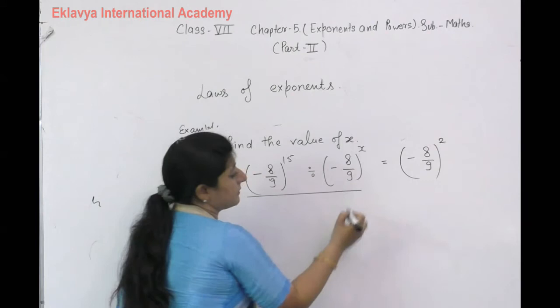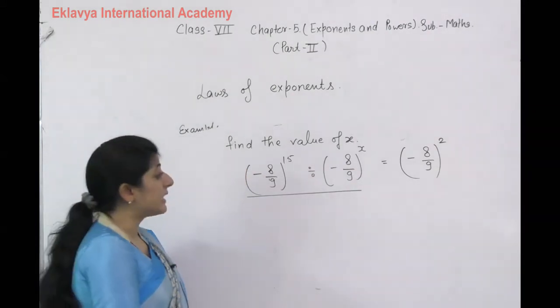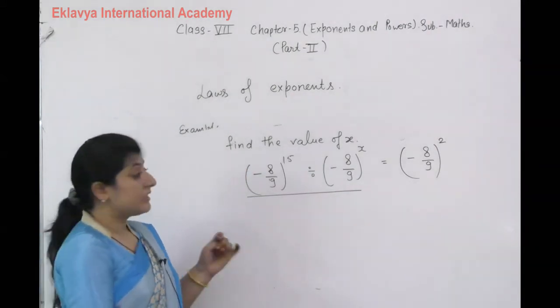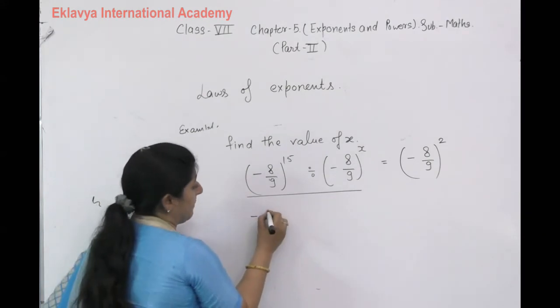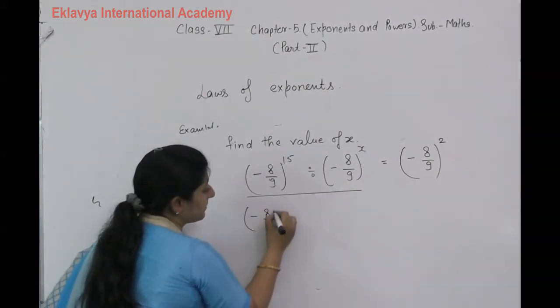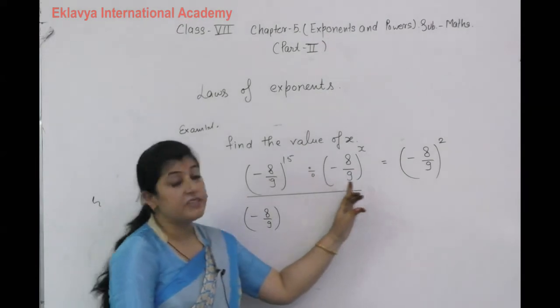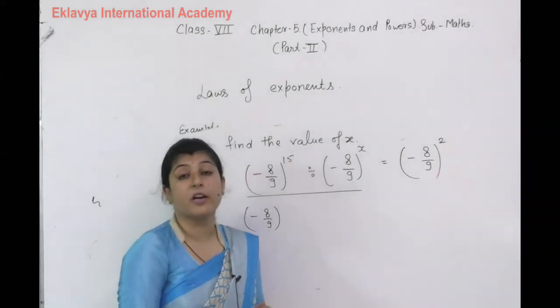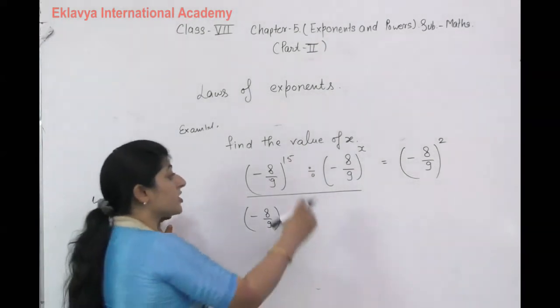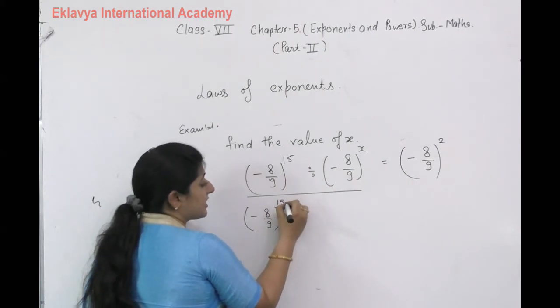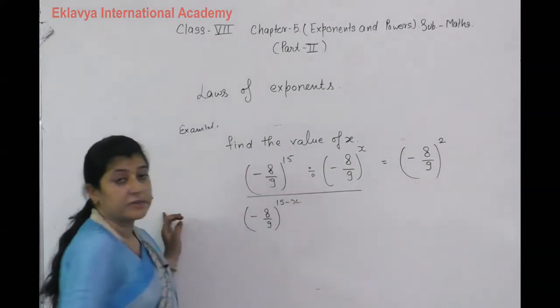Firstly, see this one. All the bases are the same but the powers are different. There are two methods. Minus 8 by 9 is in division, which means we have to find the quotient. In a quotient, we subtract the power of the denominator.